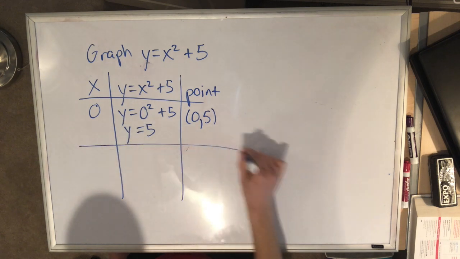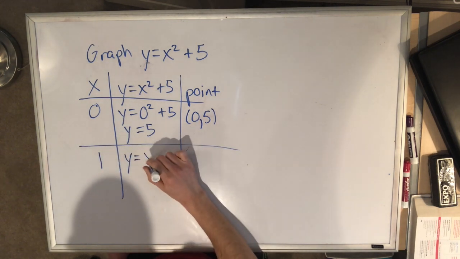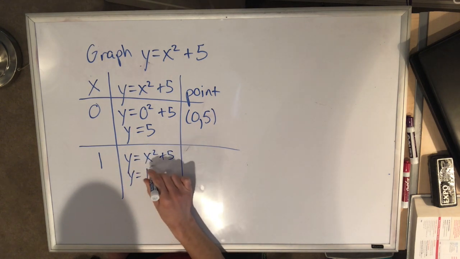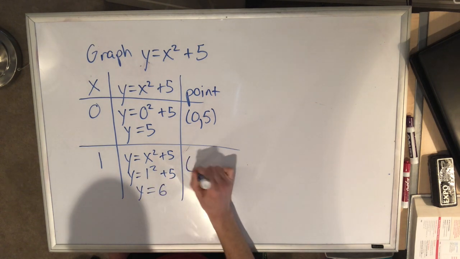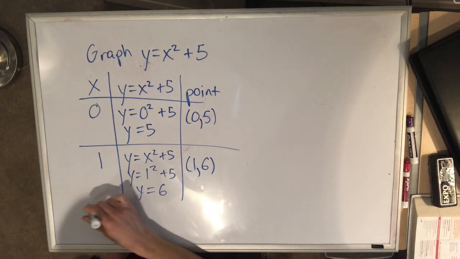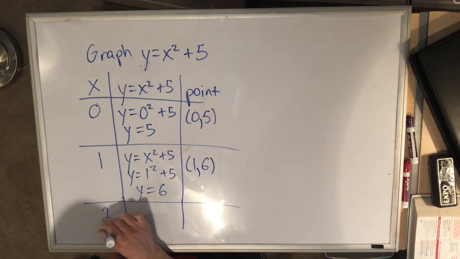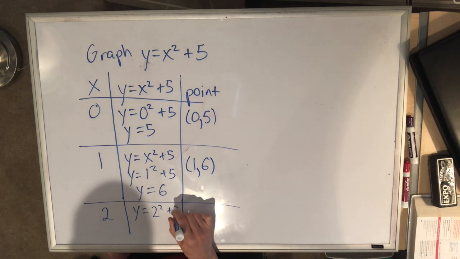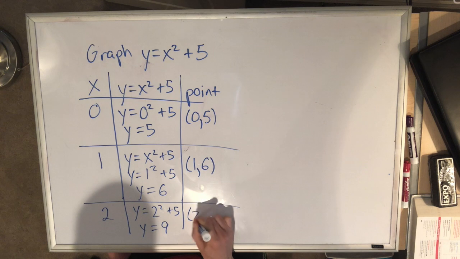Substituting in 1 for x, that's y equals 1 squared plus 5, which is y equals 6, which gives us the point 1 comma 6. Substituting in 2 for x, we'll get y equals 2 squared plus 5, which is y equals 9, which gives us the point 2 comma 9.